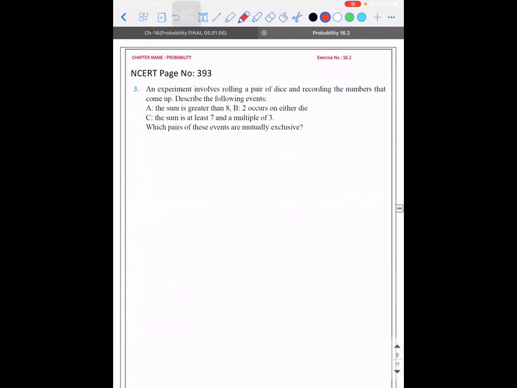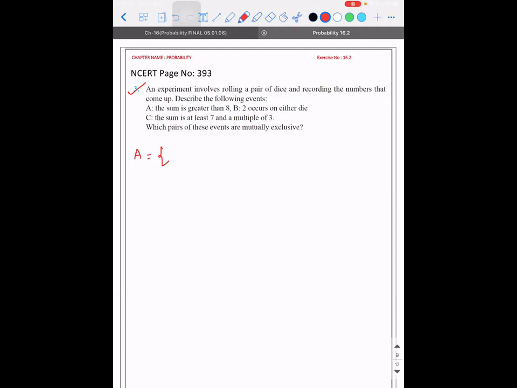Now listen. An experiment involves rolling a pair of dice and recording the numbers that come up. Describe the following events. A, the sum is greater than 8. So 2 comma 6 and 6 comma 2 will generate 8.